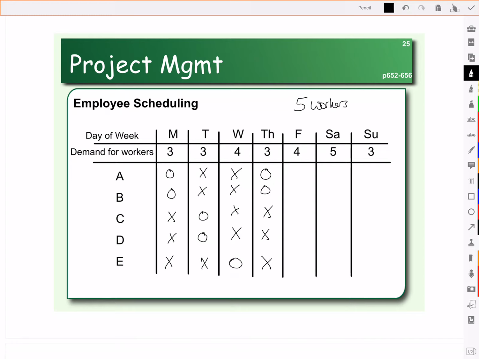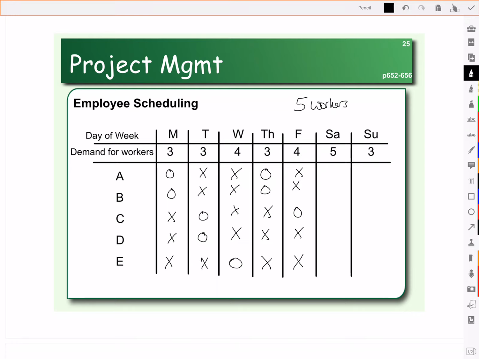So see how we continue to go through the list, and whoever hasn't got a day off yet will be the next in line. On Friday, 4 people are needed. We have 5 workers, so 1 person gets the day off, and it's person C. On Saturday, we need all hands on deck.